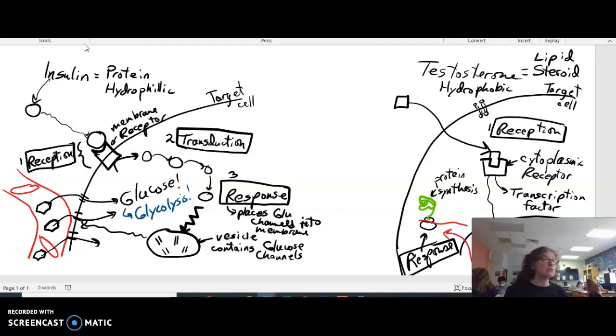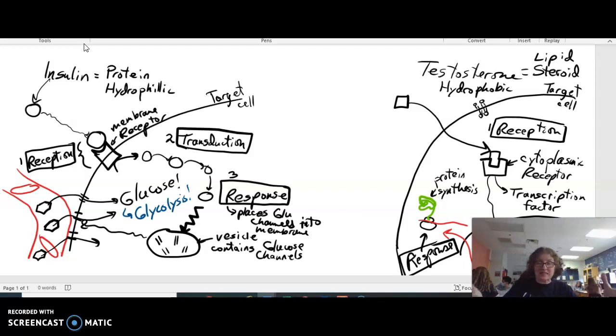And most steroid hormones result in protein synthesis. Most of them behave like transcription factors. The protein hormones, it varies from hormone to hormone. There's a lot more hormones that are made of protein than are made of steroids. And protein hormones have lots of different types of pathways and lots of different types of responses.